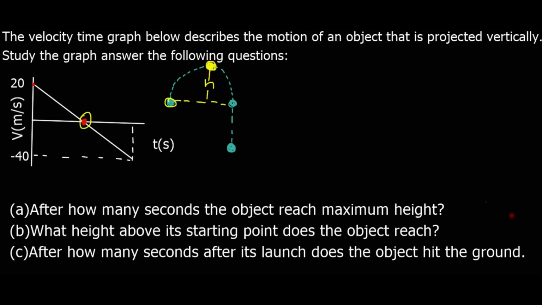And then let's say if we choose upward as positive, if we choose up as positive, our acceleration is downwards, and then it will be negative. And then from here re ka kgona calculate the time it takes for this object to reach the maximum height.